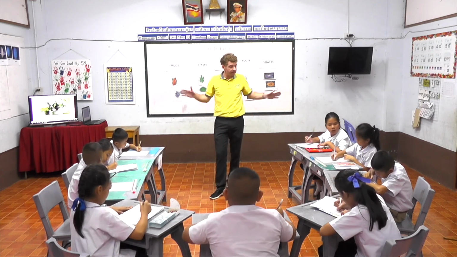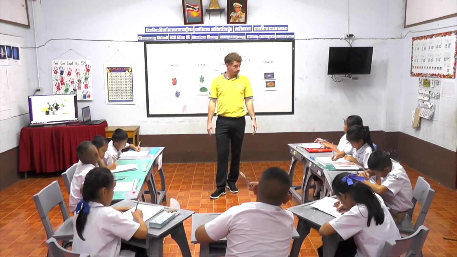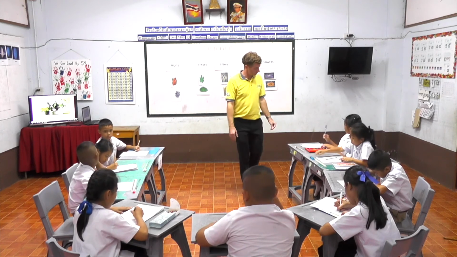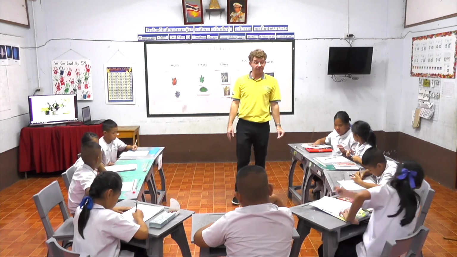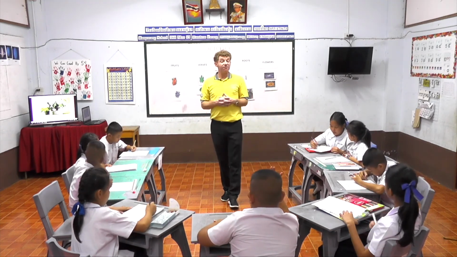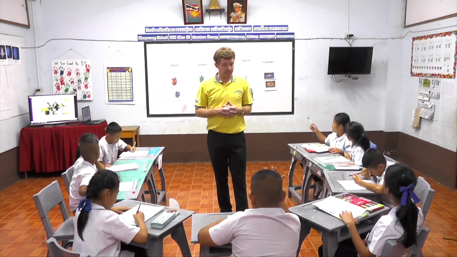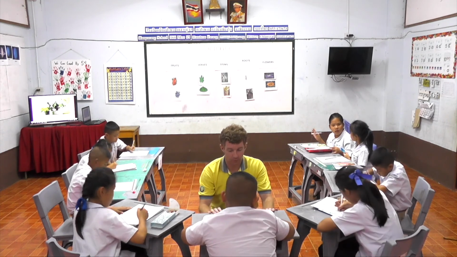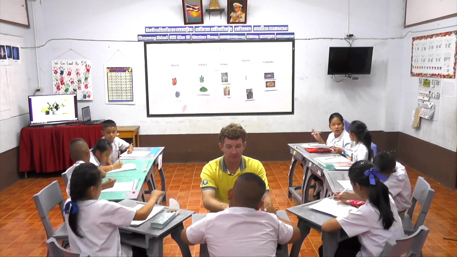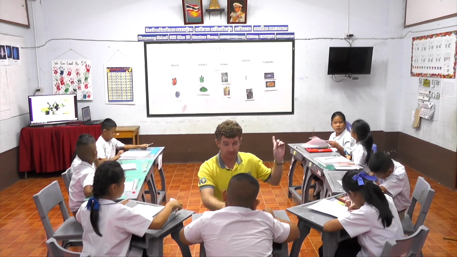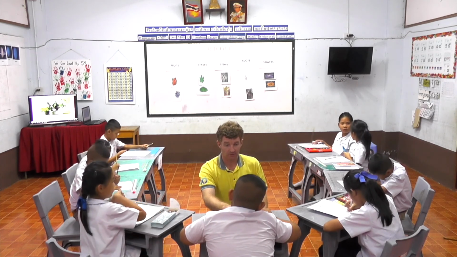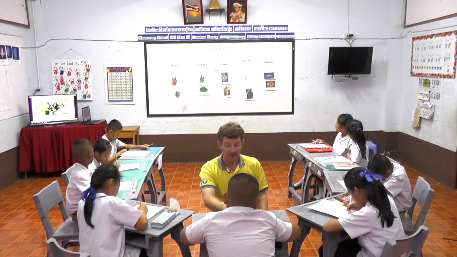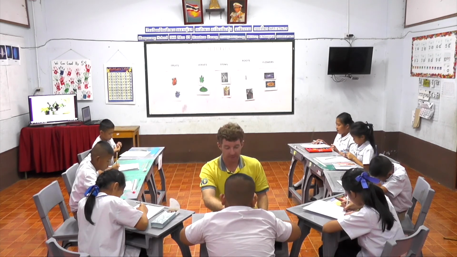It keeps everything in place. And then the prettiest part of the plant, flower. What do we think the pretty part of the plant with all the nice colours? Begins with F. Flower. Yes.